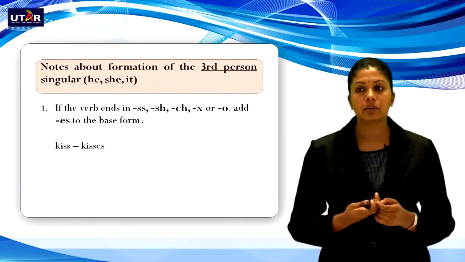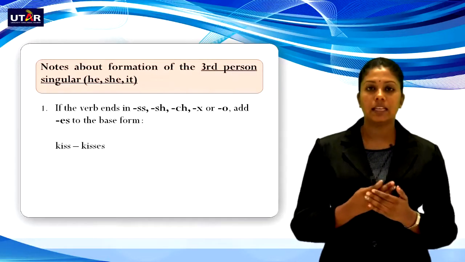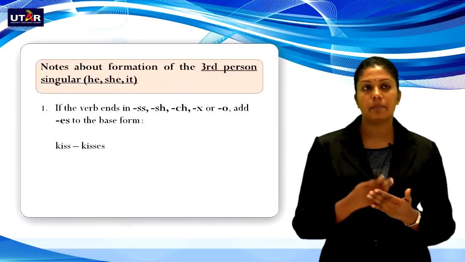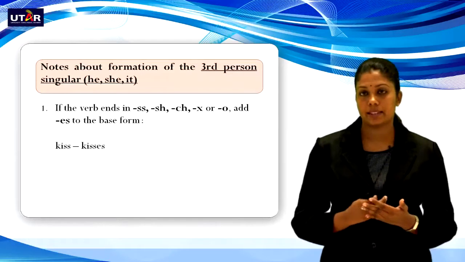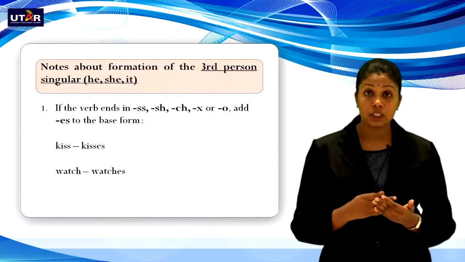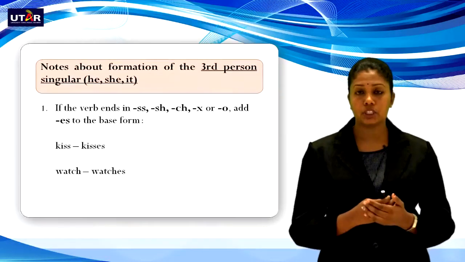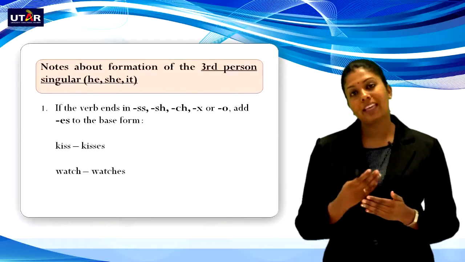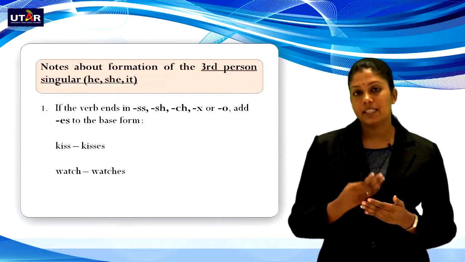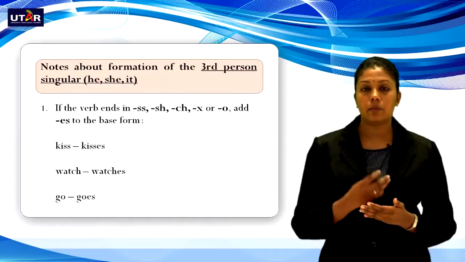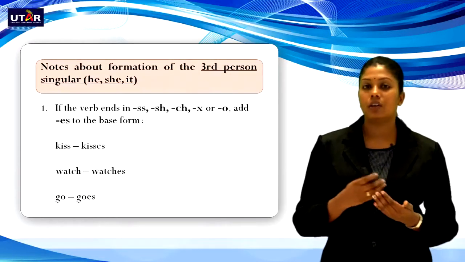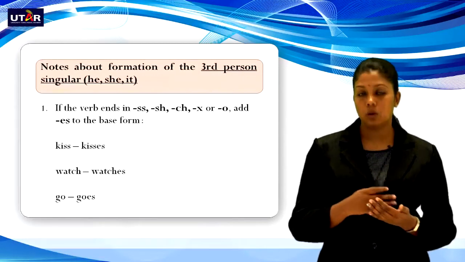For example, kiss, K-I-S-S becomes kisses, K-I-S-S-E-S. Then we have watch, that ends with CH. So you add ES to it, W-A-T-C-H-E-S, watches. And then we have go, you add ES, it becomes goes.